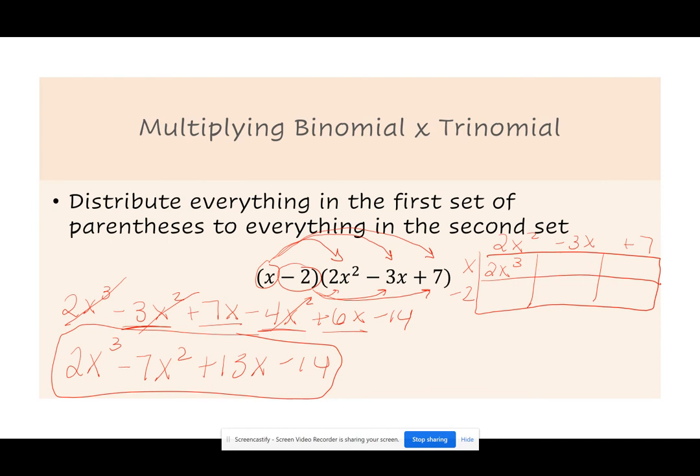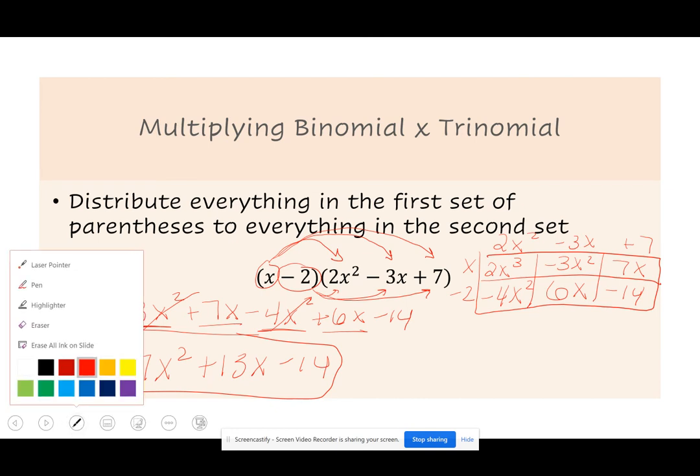The second one is negative 3x times x is negative 3x squared. This third one is 7 times x, which is 7x. This one is 2x squared times negative 2, negative 4x squared. Negative 3x times negative 2 is positive 6x. And then negative 2 times 7 is negative 14.